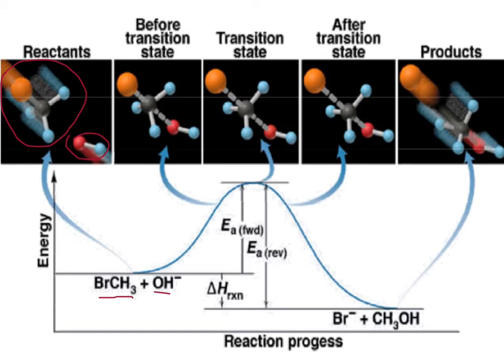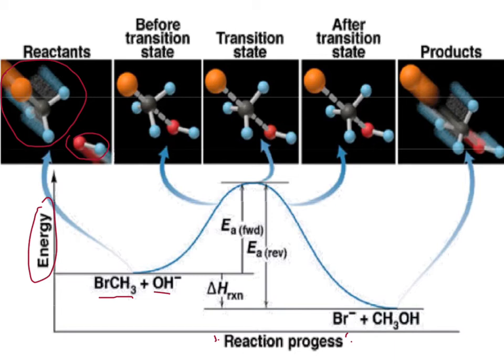Below, we see a graph, and this graph is the potential energy diagram for the reaction above. On the y-axis, it should probably have been more properly labeled potential energy, the energy stored within the chemical bonds of the particles, and the x-axis is the reaction progress, also sometimes called the reaction pathway.